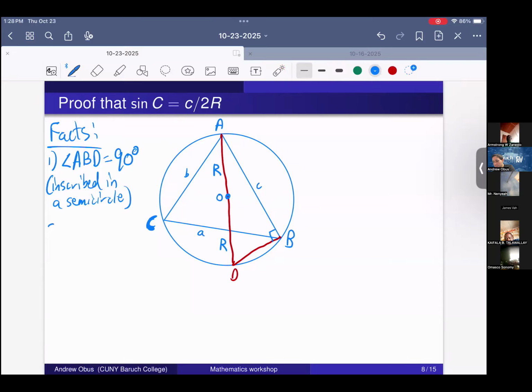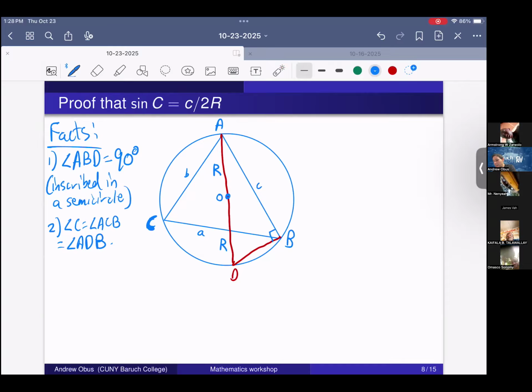The second fact is that angle C, which is angle ACB, is equal to angle ADB. If I look at this angle ACB, that's the same as angle ADB, right?